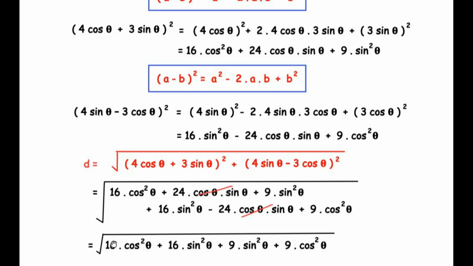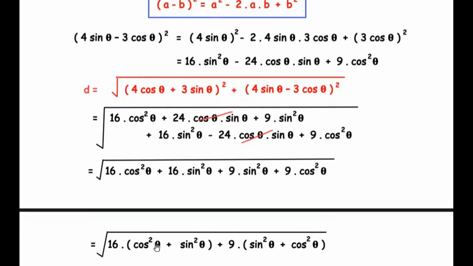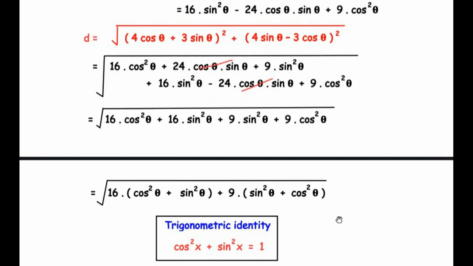Now we can see that 16 is a common factor from the first two terms. So here we have written 16 times cos square theta plus sin square theta plus, here we can see that 9 is a common factor. So we have taken it out. So 9 times sin square theta plus cos square theta. Now here you have to make use of the trigonometric identity, which is cos square theta plus sin square theta equal to 1.